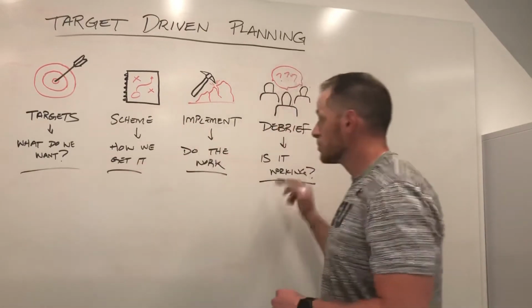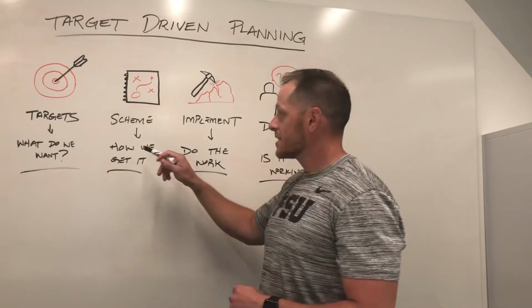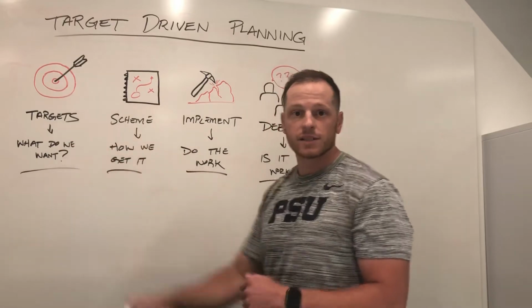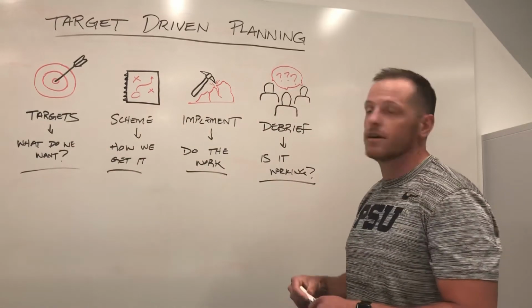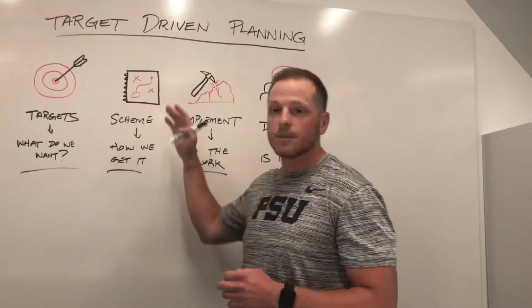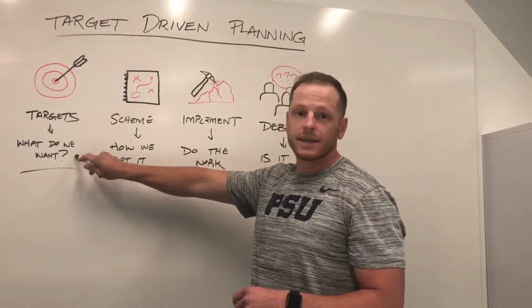Are we implementing the plan? Are we sticking to the plan? Is our scheme allowing us to hit our targets? This is a process of constant self-evaluation, always looking back on implementation, your scheme, your targets. Is everything working together? And are you getting closer to hitting your goals?